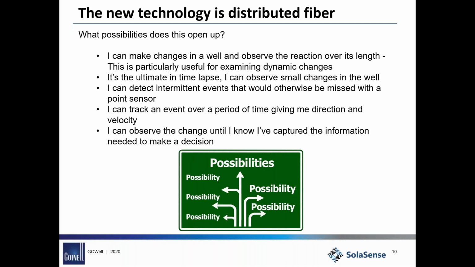So this is the key useful piece of information I get from distributed fiber. It's the ability to induce a change when I want to make that change in a well and observe what happens downhole on the fiber. And it is the ultimate in time lapse.